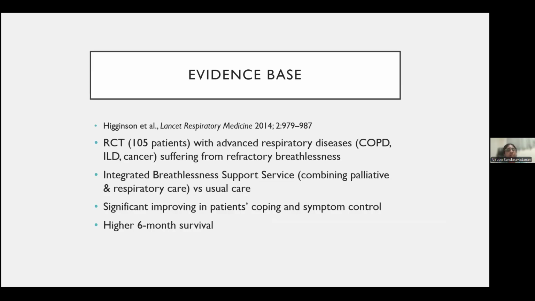This integrated breathlessness support service is chest physio, focused respiratory breathing techniques training, and palliative care, emotional support, education, communication. And they found not just that patients' coping and symptom control were so much better, but at 6 months, the survival itself was better.